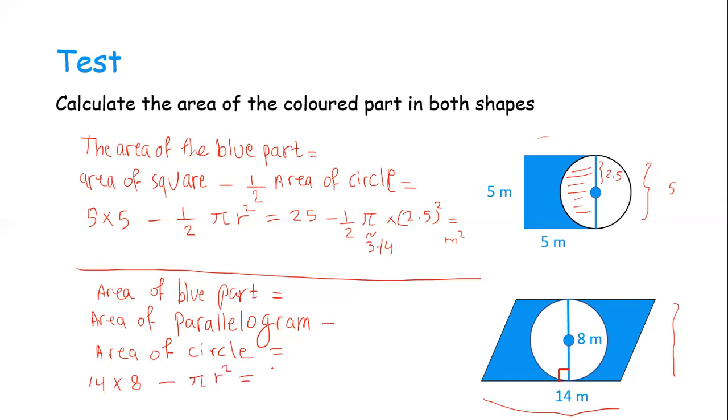We approximate this because π is approximated to 3.14, multiplied by the radius here, which is half of 8, which is 4. So multiplied by 4 to the power of 2. We do the calculation, and the result is the area of the blue part.